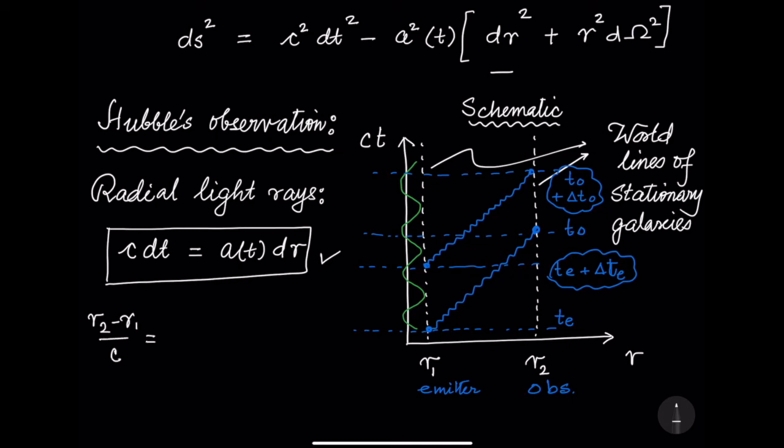This is the integral from r1 to r2 of dr by c, and it should be equal to, just from this relation, and I have two light rays. I am talking about the first light ray first, which is emitted at t emitted and observed at t observed. So it should be this integral, for the first light ray.